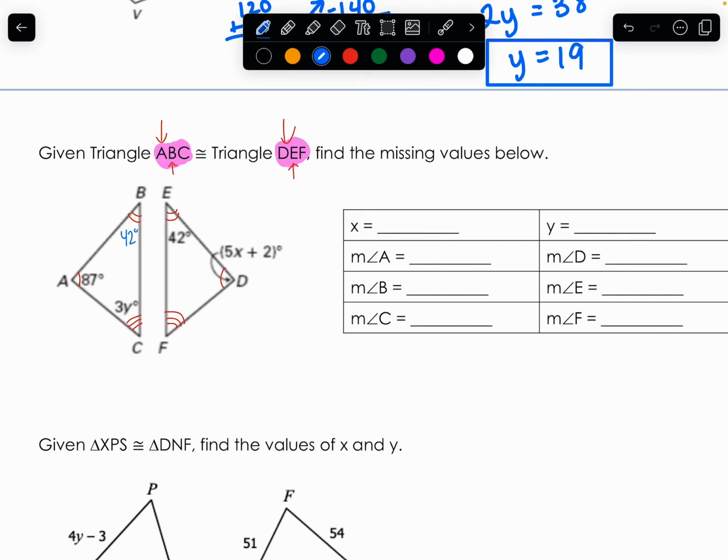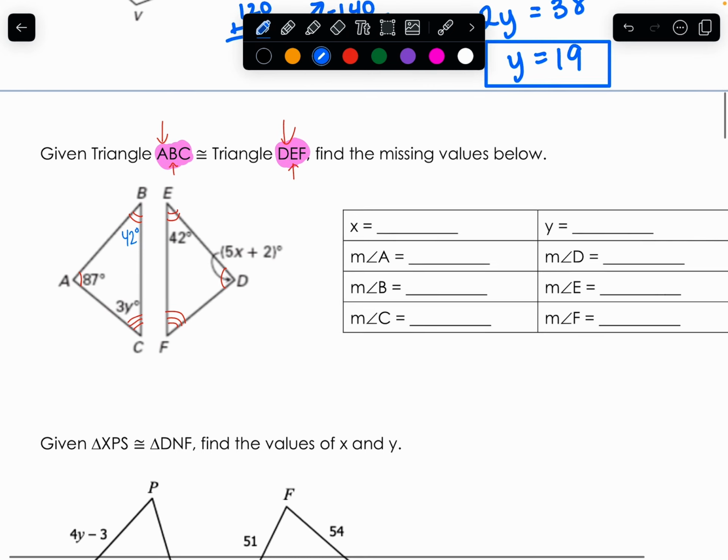So B and E are both 42 degrees. A and D match. So I can do part equals part with those. So I'll do that real quick.